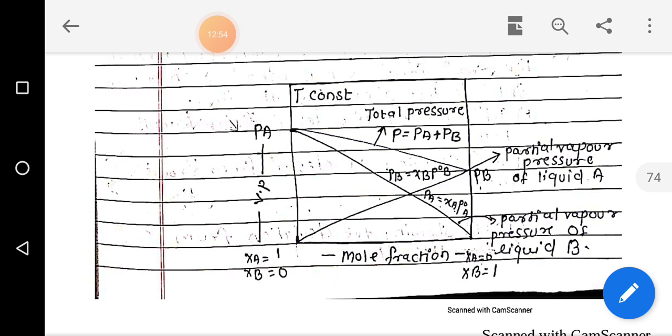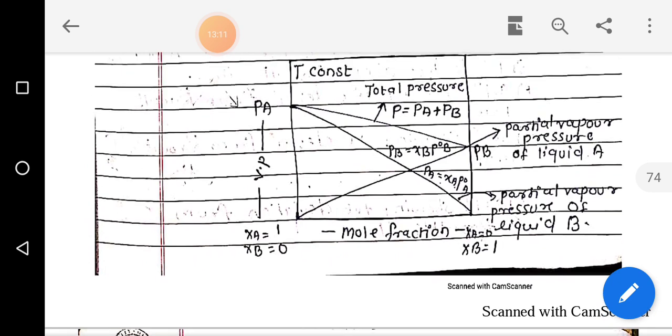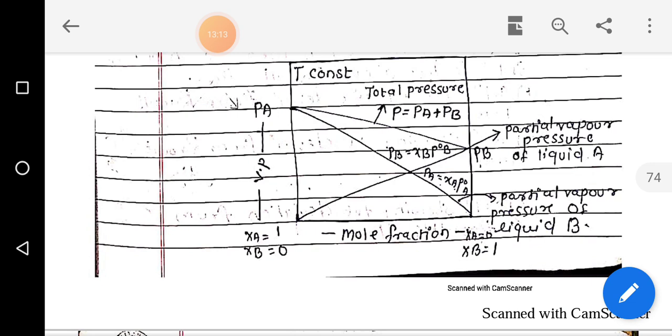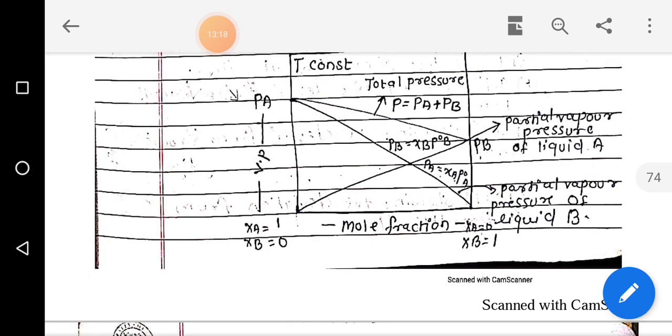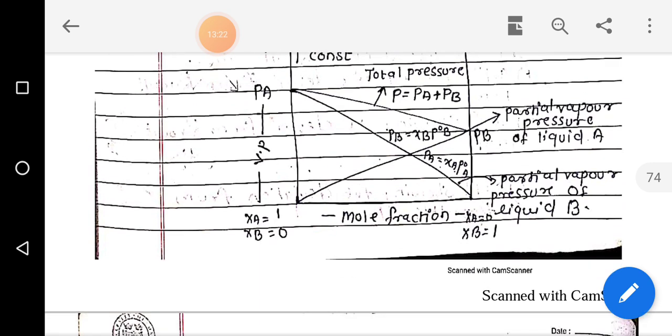It is always higher than the vapor pressure of A and the vapor pressure of B. The partial vapor pressures of liquid A and liquid B are clearly marked. One axis is the mole fraction, the other is the vapor pressure. As the mole fraction increases, the vapor pressure also increases.